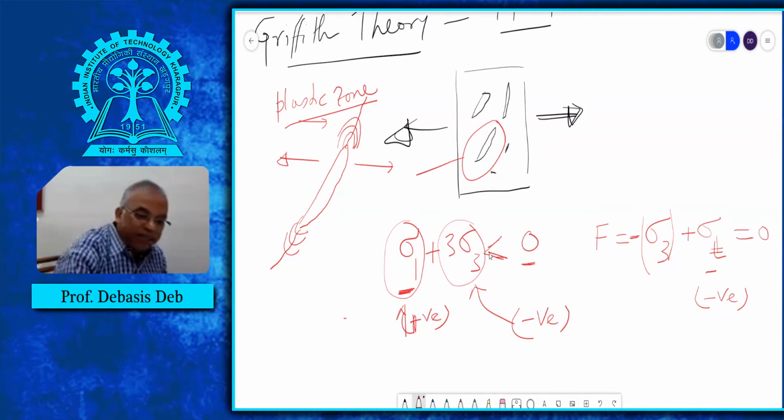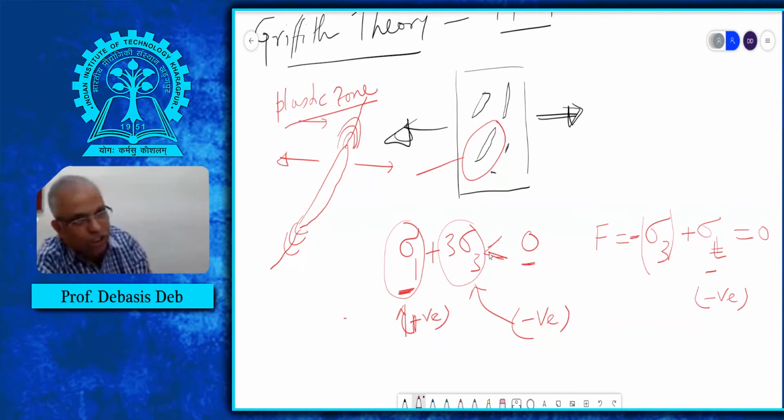In other words, if sigma 3 is more than sigma t in an absolute value or the magnitude term, then we will assume this is the tensile failure. That means you have a stress tensor, you calculate the sigma 3. If the magnitude of that sigma 3 is more than the tensile strength of that rock, then we will call it a tensile failure.